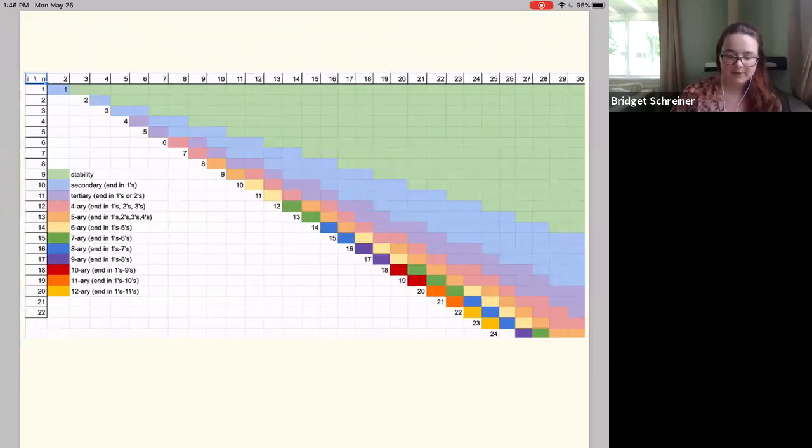So to look at where the patterns were happening, I basically spent a week color coding this spreadsheet. So this was my life for a while. I found some Python code that allowed me to put in which number I wanted partitions of and how many parts I wanted that partitioned into. And then I color coded the box based on what all of the partitions ended in.